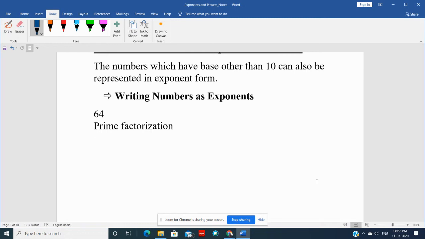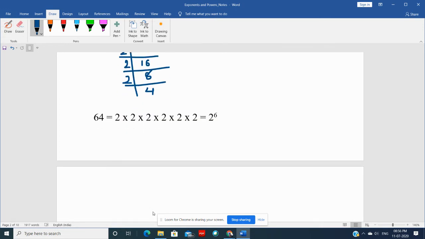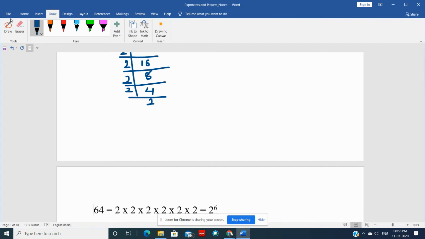For example, if I write 64 here, we know that we always start with 2. 2 32s are 64, 2 16s are 32, 2 8s are 16, 2 4s are 8, 2 2s are 4, and lastly 2 1s are 2.